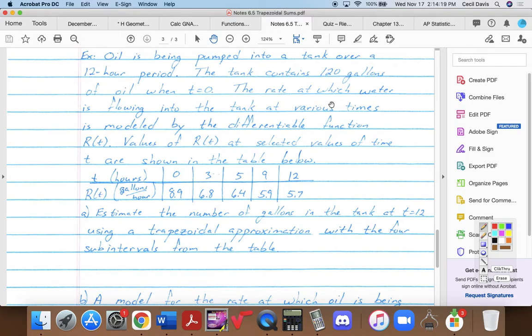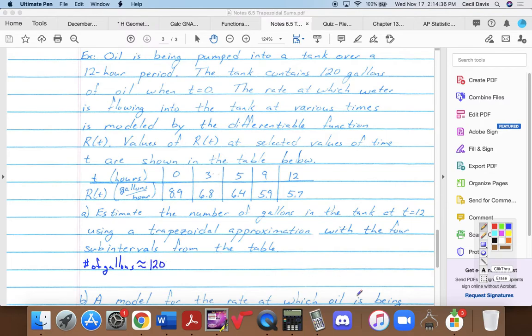The trapezoidal approximation is only part of it. The number of gallons is approximately equal to, it started with 120. It's really easy to miss that.